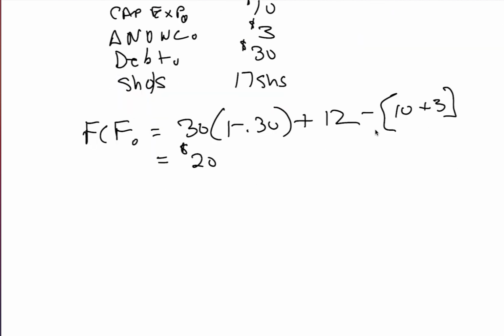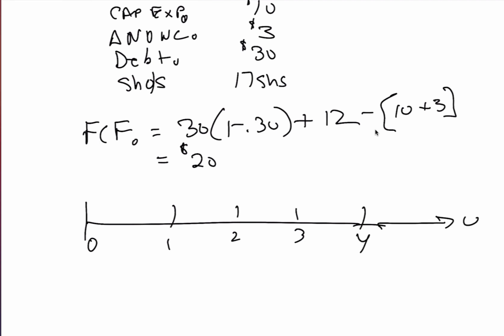So we graph it, and we get $20 right here. This has to grow by 25%, 25%, 25%, and then 3% forever.